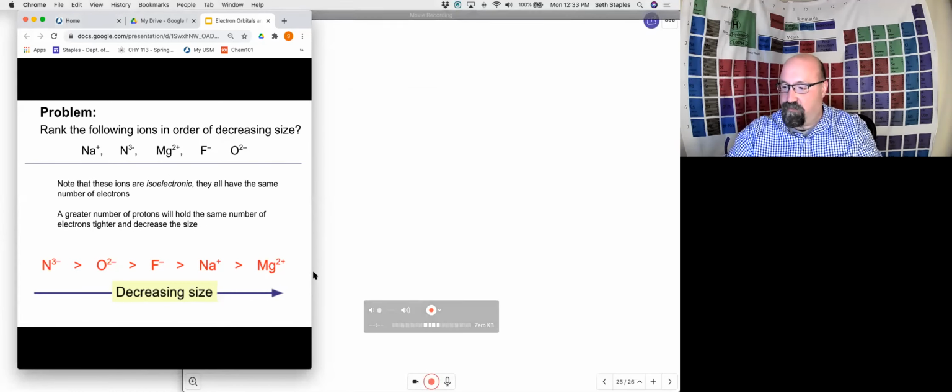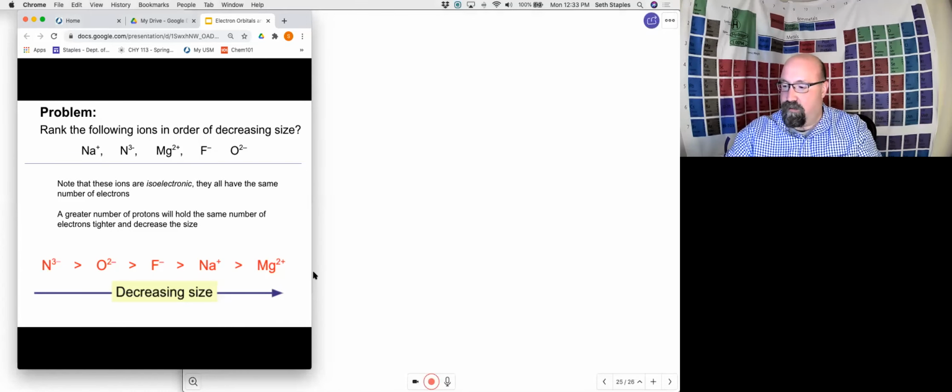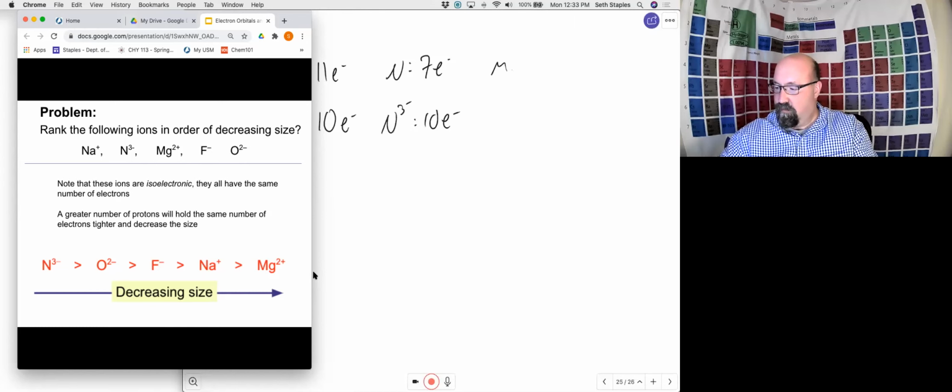A sodium atom has 11 electrons, a sodium 1 plus ion, 10 electrons. A nitrogen atom, 7 electrons, a nitrogen 3 minus ion, 10 electrons.